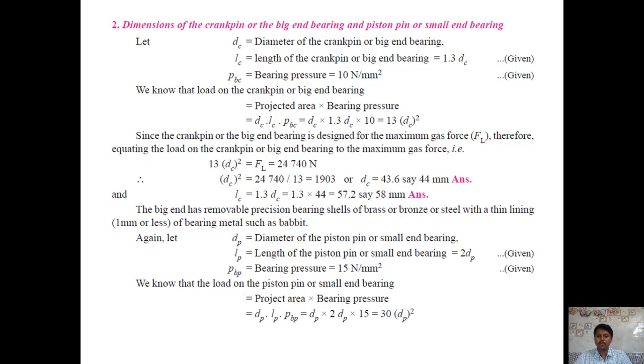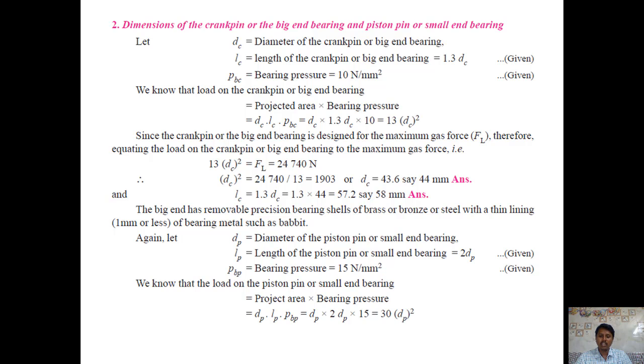Now calculate the piston pin. So for the piston pin, again the load acting on it is a bearing load. Hence the bearing load must be equated to the maximum gas force. Again, the maximum gas force we already calculated, and the bearing load on the piston pin is projected area into bearing pressure. The bearing pressure value is given as 15 Newton per mm square for the piston pin, multiplied with dP LP.